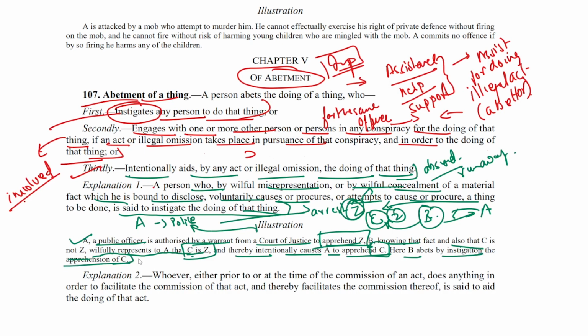Yes, so even if it is a public officer, he might not be considered to have committed a crime, because he acted in good faith. Yes, because what he was doing was under the order of the court.